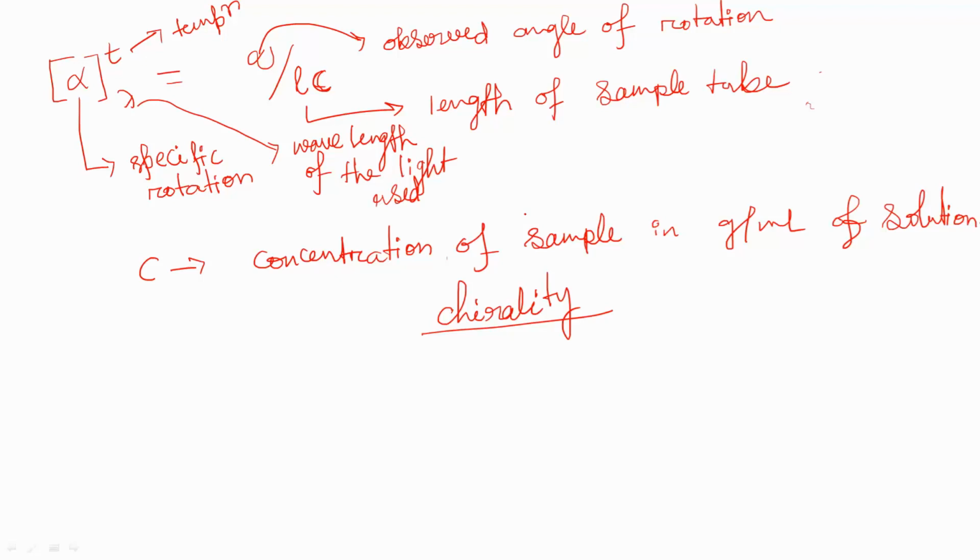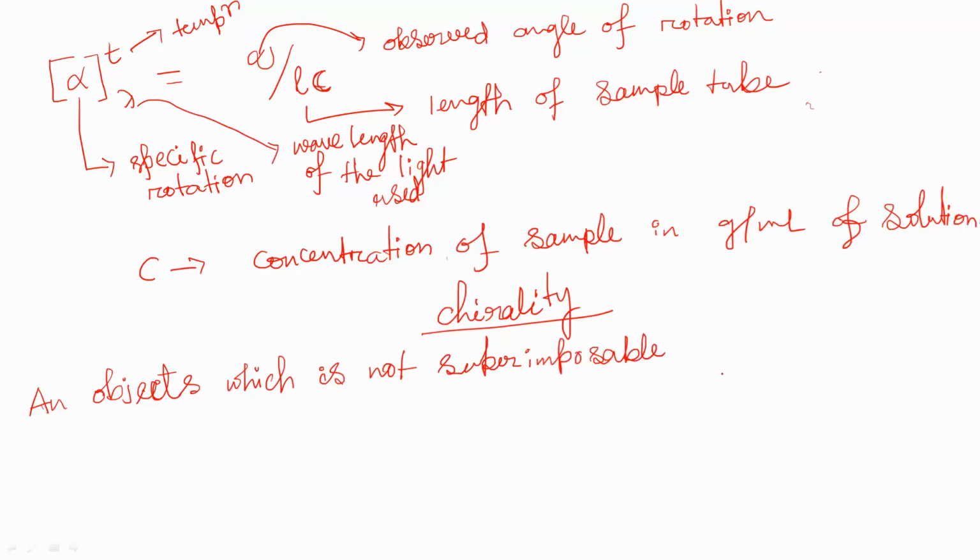An object which is not superimposable upon its mirror image is called a chiral molecule.